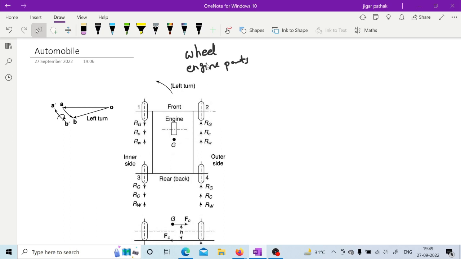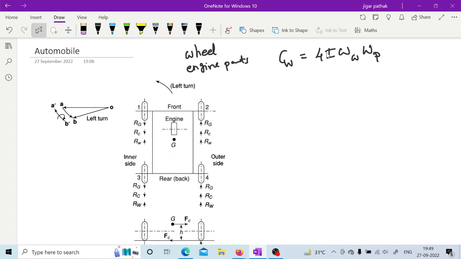Now if you see in the case of this automobile, you will have 4 rotors, if you consider the wheels, then 4 wheels are there, right? And each of them is suppose generating I omega p, right?